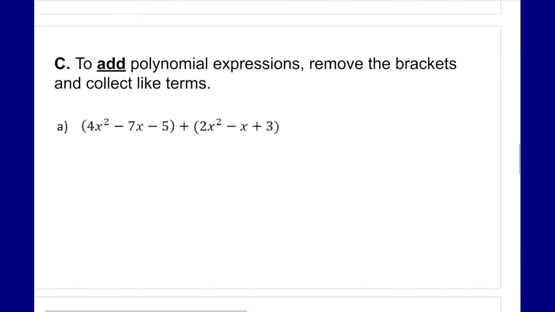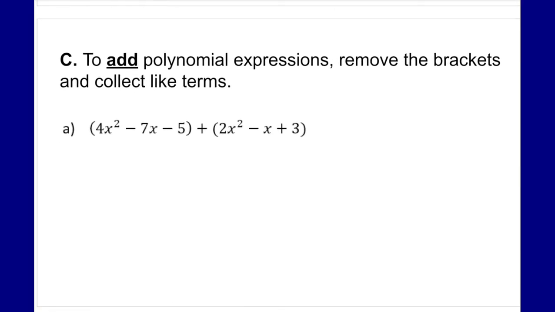If we have to add polynomial expressions, what we're going to do is remove the brackets and collect like terms. That's all we're going to do when we're adding polynomials. Here we can see we're adding polynomials together. This is a trinomial plus a trinomial. All we do is remove the brackets. It will help to rewrite this in some cases.